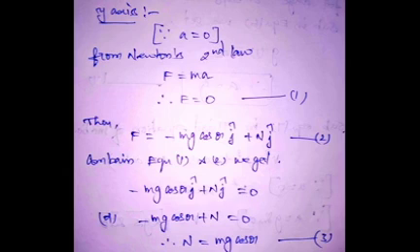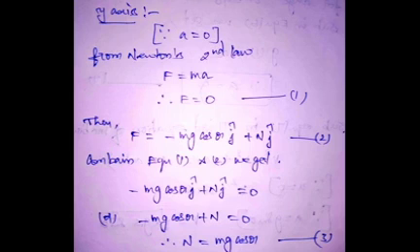Since j cap into j cap equals 1, we get minus mg cos theta plus N equal to 0. Now the minus mg cos theta moves to the right side and becomes plus. Therefore N is equal to mg cos theta. This is equation number 3. So we found the y component.